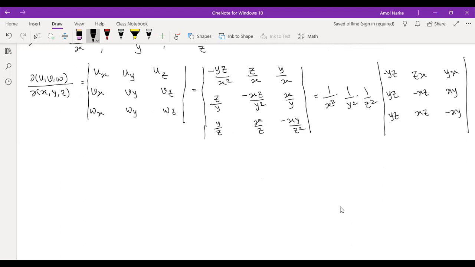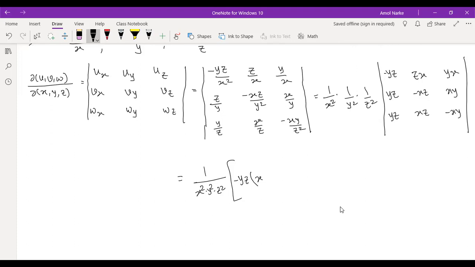So we have outside x square into y square into z square. I make a bracket. First minus yz as it is. Delete first row, first column, product of this minus plus xz, gives x square yz.